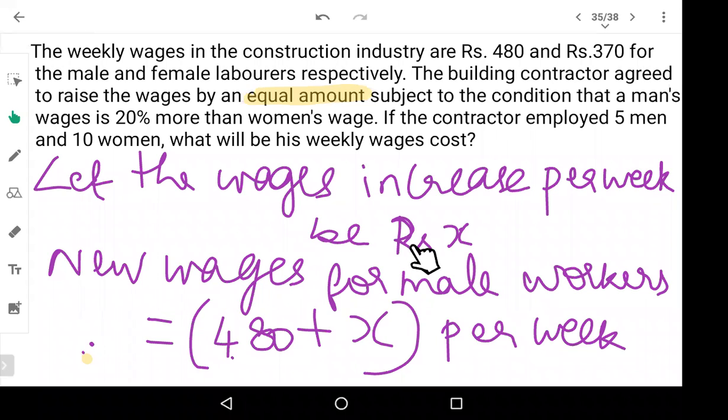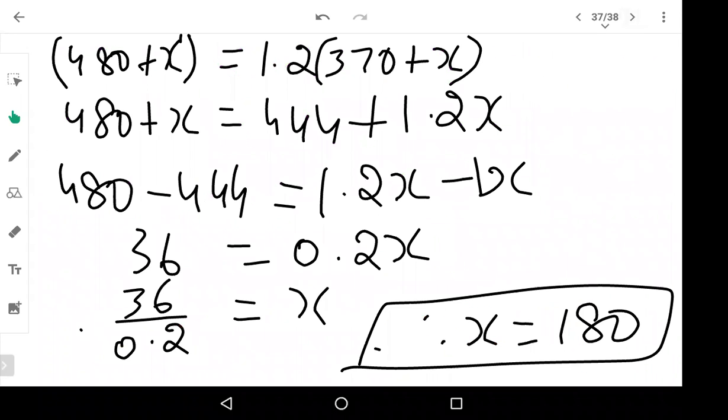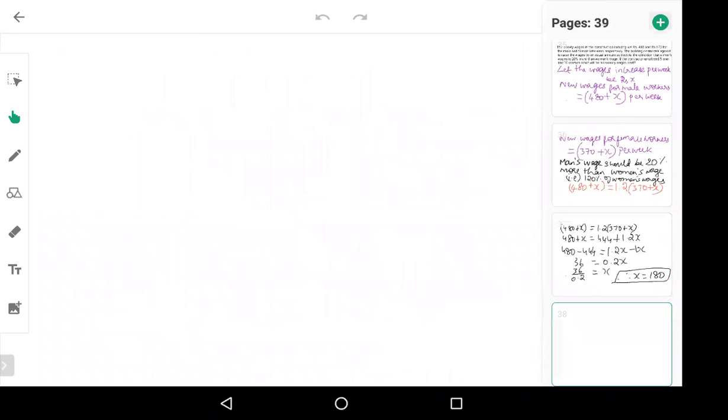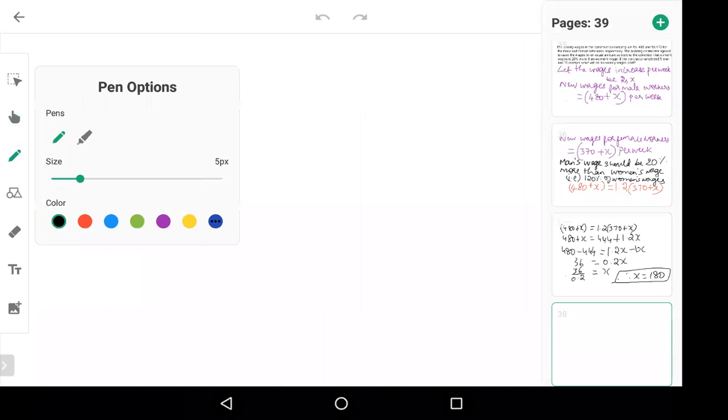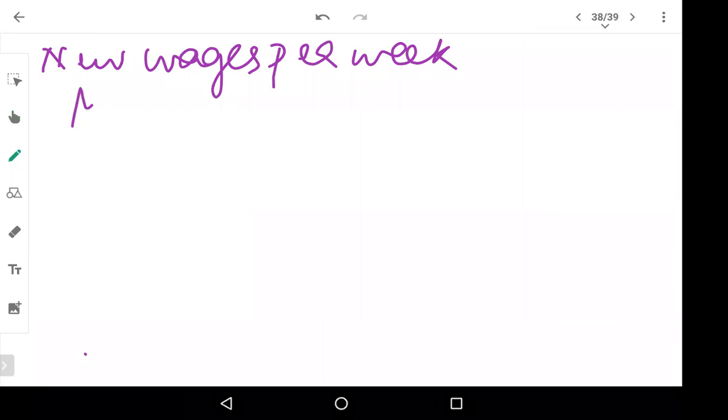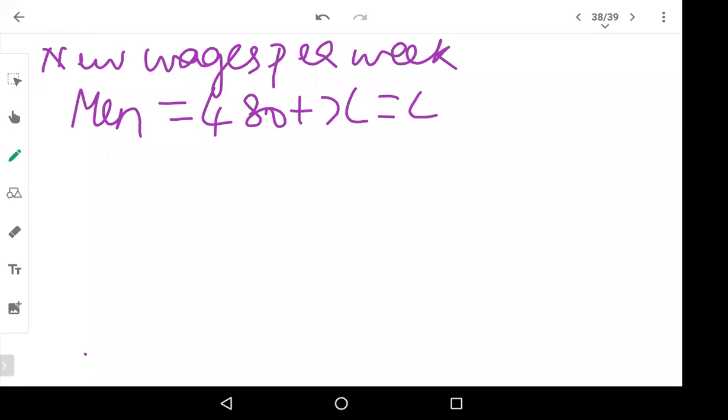Okay. So we understood what is X. Now let us come to the calculation of the wages. New wages per week for men is equal to 480 plus X. That is nothing but 480 plus 180.